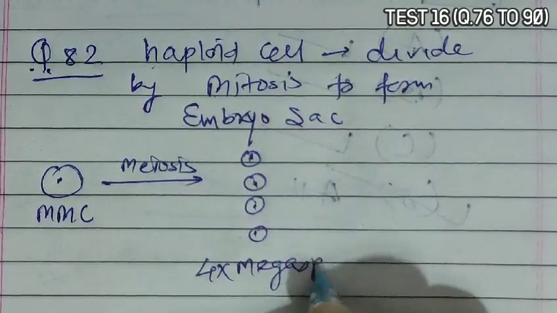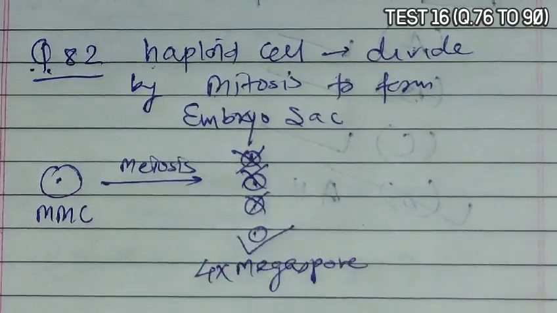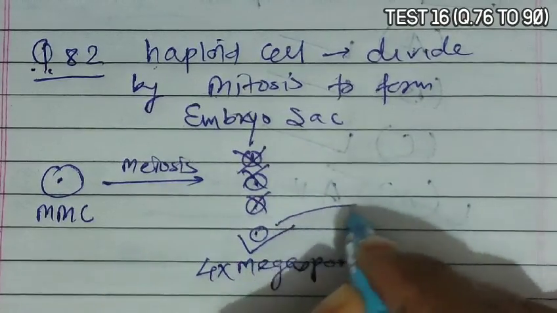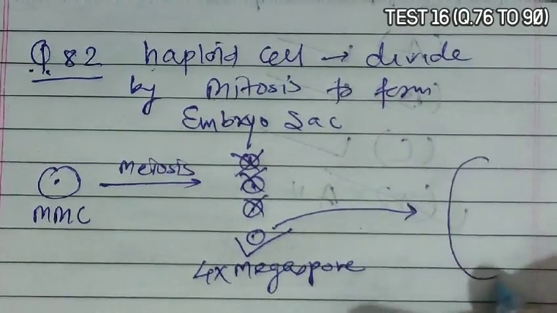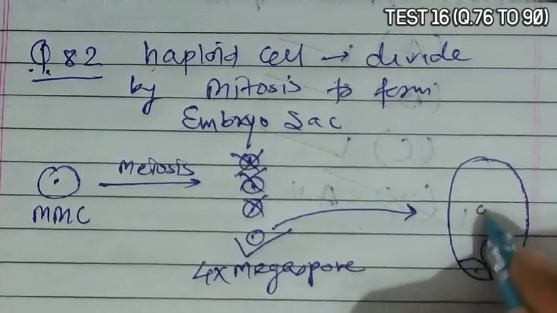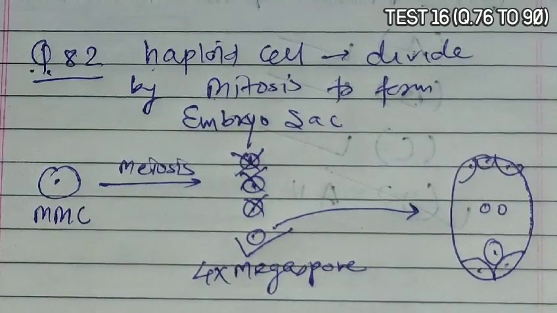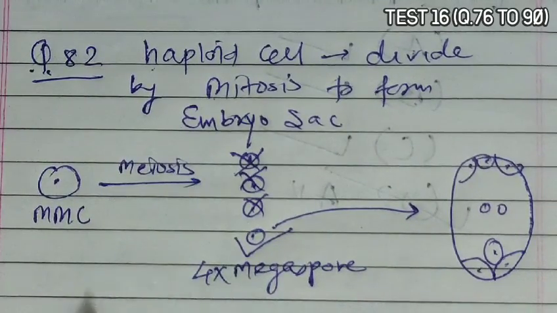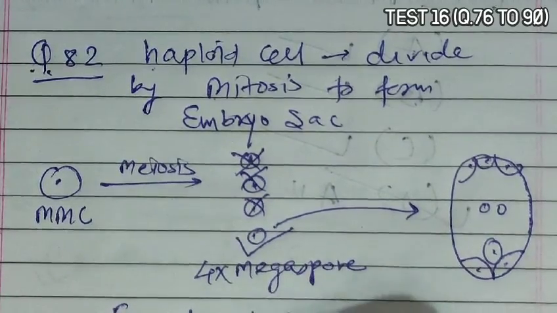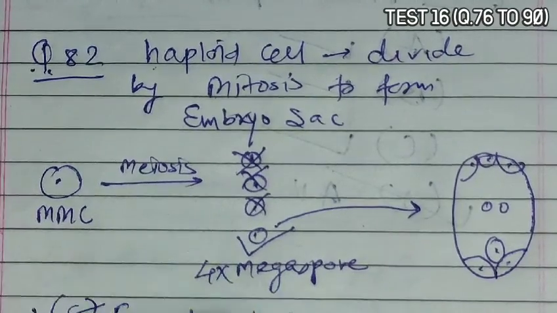Out of 4 megaspores, 3 degenerate, and only 1 remains functional. This functional megaspore undergoes several mitoses and forms an embryo sac which has 2 synergids, 1 egg cell, 2 polar nuclei and 3 antipodal cells. So the functional megaspore, that is option C, is the correct answer.